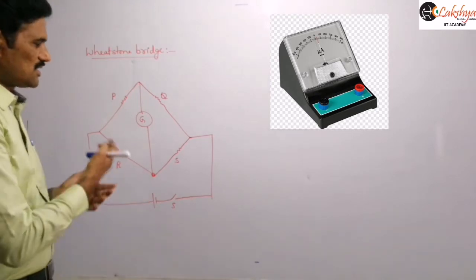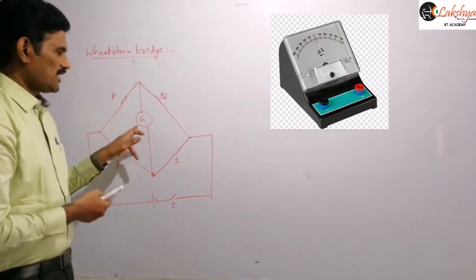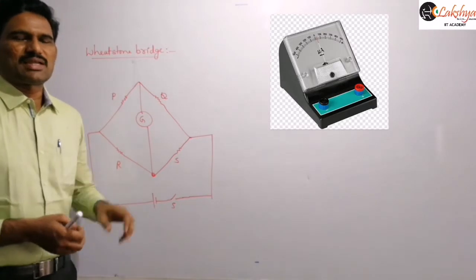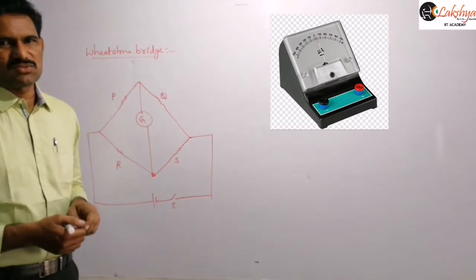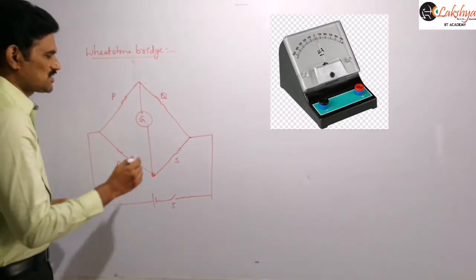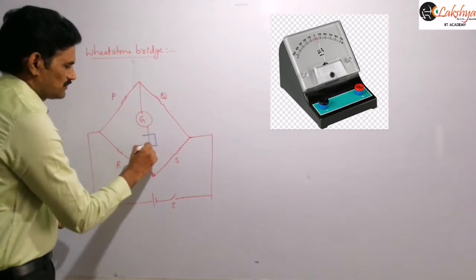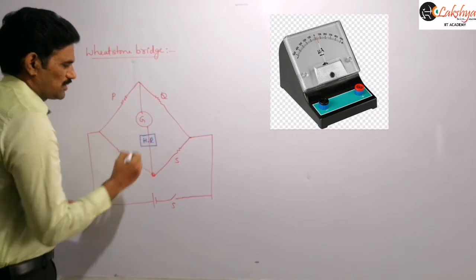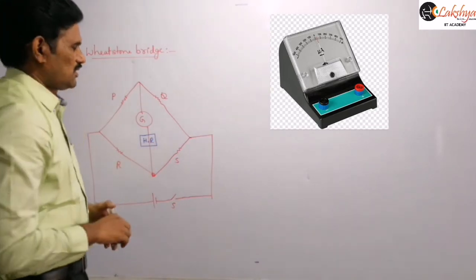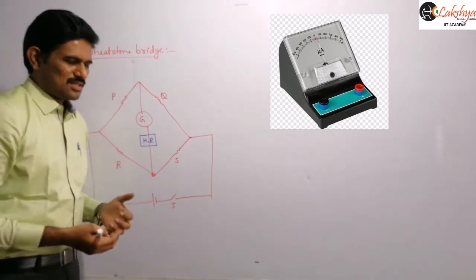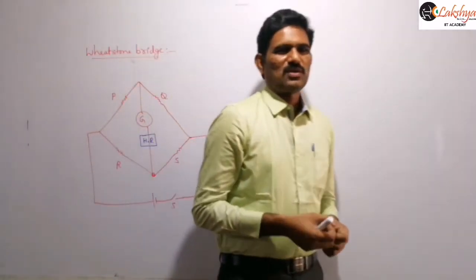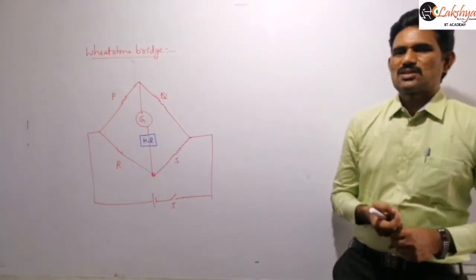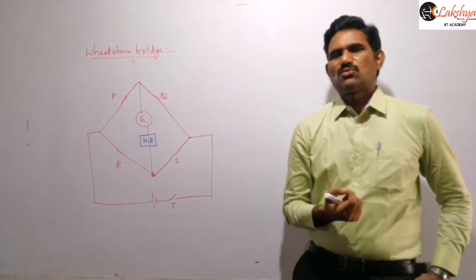In practical circuits, whenever you use the galvanometer, we connect a high resistance box in series with it. That is because, as I said, it is a very sensitive device, generally designed to measure very small currents of microamperes.